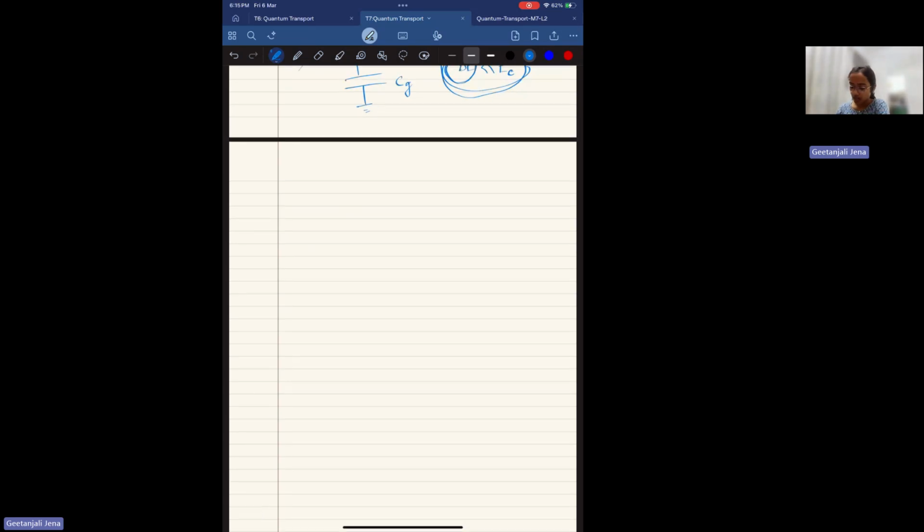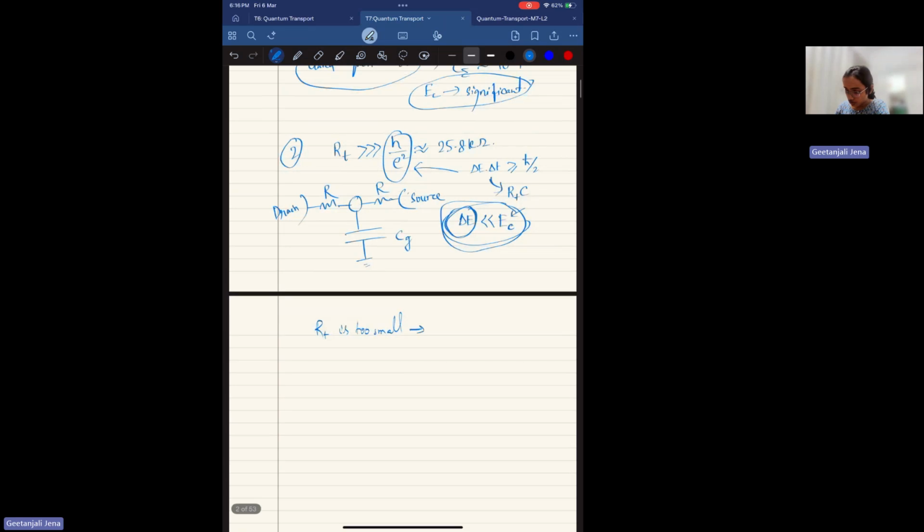So if we consider a case when RT is too small, what will happen? Because the tunnel resistance is very small, the electrons can tunnel easily from source to the dot and from the dot to the drain.